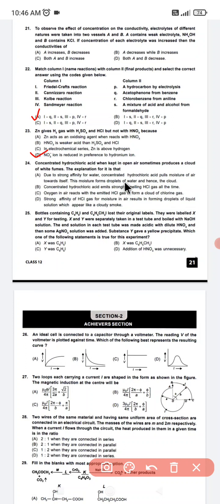This moisture forms droplets of water, hence the cloud. Concentrated hydrochloric acid emits strongly smelling HCl gas all the time. There is strong affinity of HCl gas for moisture in air, resulting in formation of droplets of liquid solution which appear like a cloudy smoke.